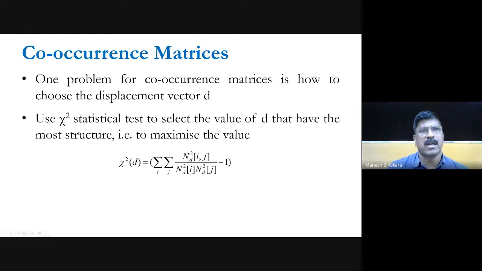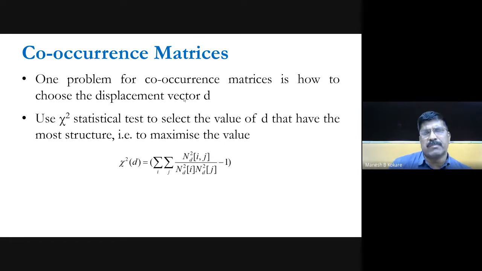And then what is basically the main problem with these co-occurrence matrices? One problem is how to choose the displacement vector D. Whether you should choose the displacement vector with a distance of 1 or 2, or whether you should go horizontally or vertically or diagonally.